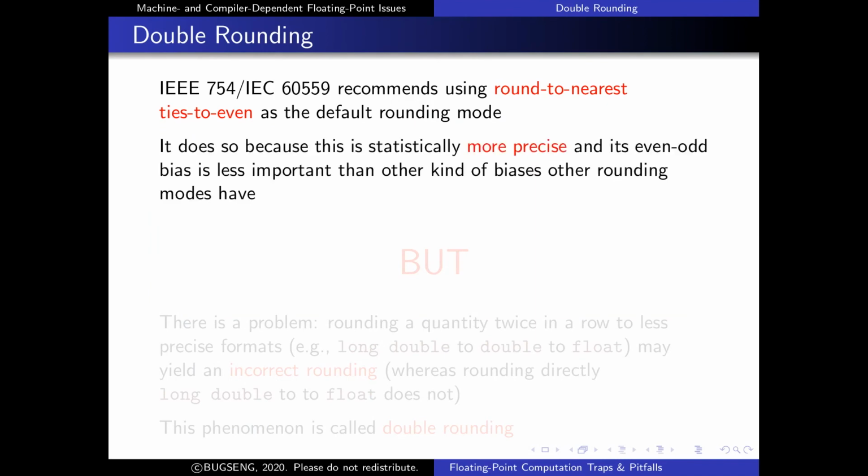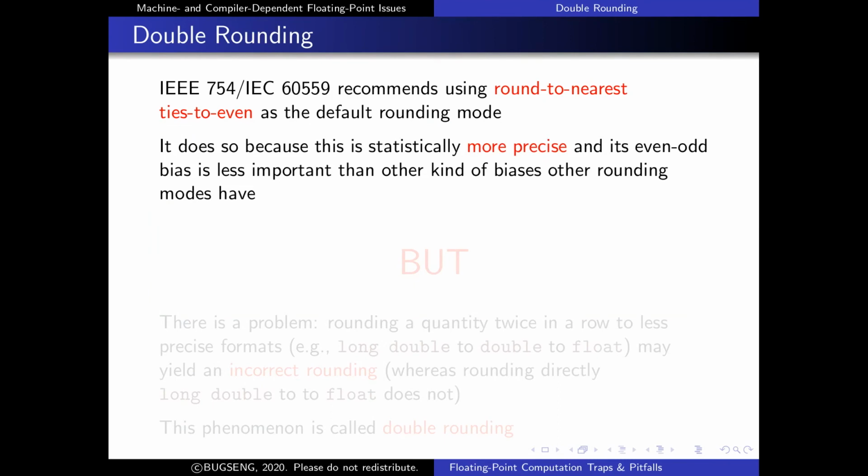So why does the standard do it this way? Because it is statistically more precise. If you study the errors that the various rounding modes can induce, you will see that the best performance is round to nearest, and in particular the ties to even variety.